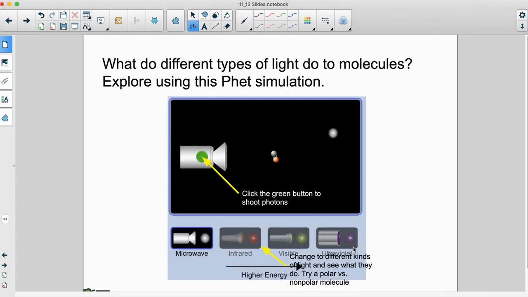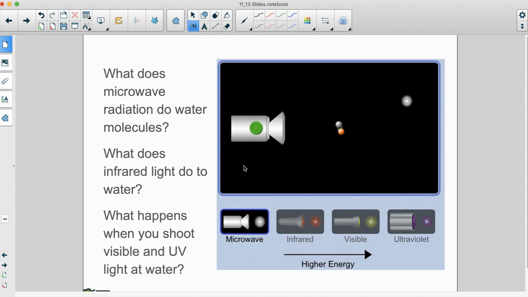So you should explore this PhET simulation. The PhET simulation shows a couple cool things, which I'm going to show you in a second. And we are going to investigate what do these different types of light do to water molecules and other molecules.